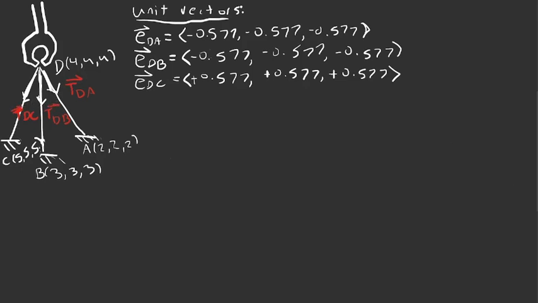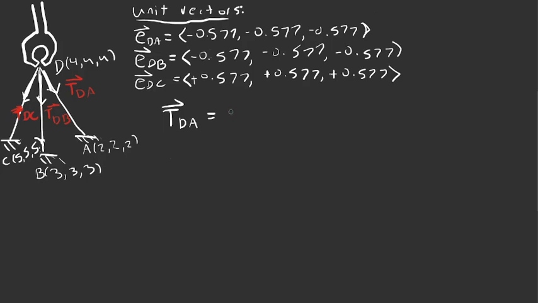So now we get into our equilibrium equations, right? How we would write out TDA, for example. For a vector, we need a magnitude and a direction, right?